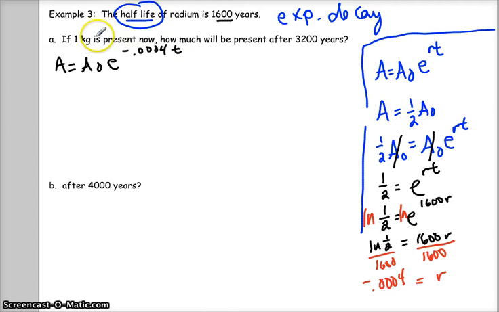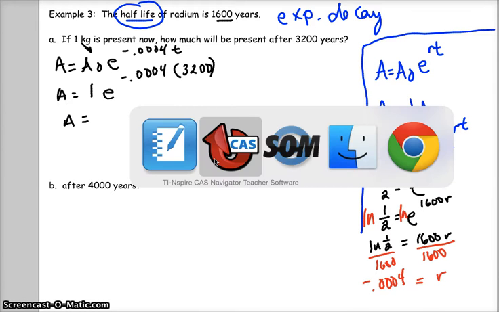If 1 kilogram is present now, how much will be present after 3,200 years? 1 kilogram would represent our initial amount. So A is equal to 1 kilogram times e to the negative 0.0004 power times 3,200 years. So our amount is equal to, let's see how many kilograms that gives us.